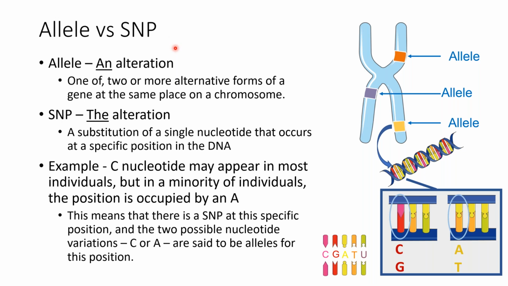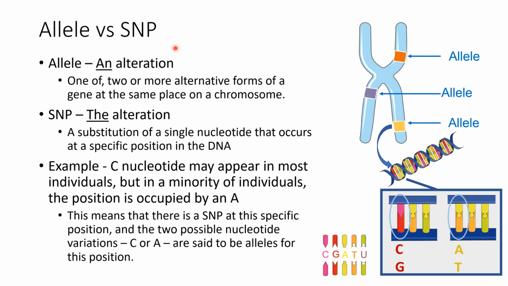A SNP, a single nucleotide polymorphism, is the alteration. So it is the specific alteration within that gene. So those are the differences. Some people will say allele, some people will say SNP. Just realize that allele means that there is an alteration, SNP is the actual alteration.